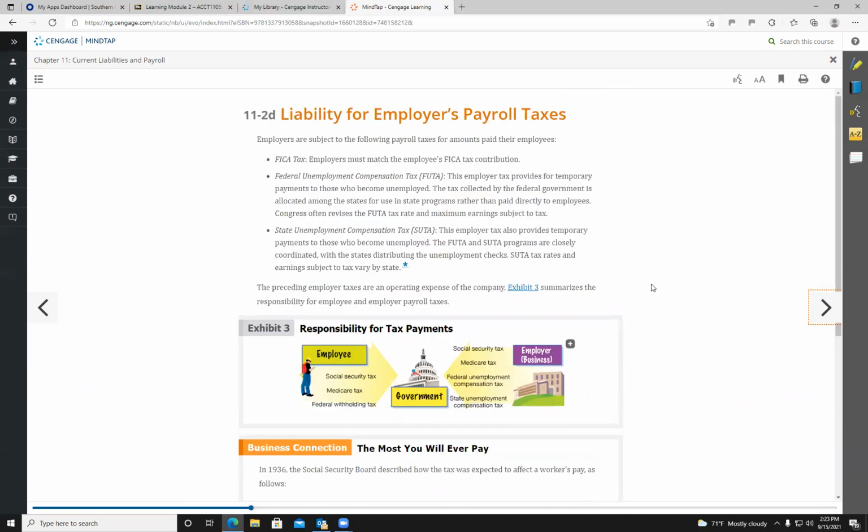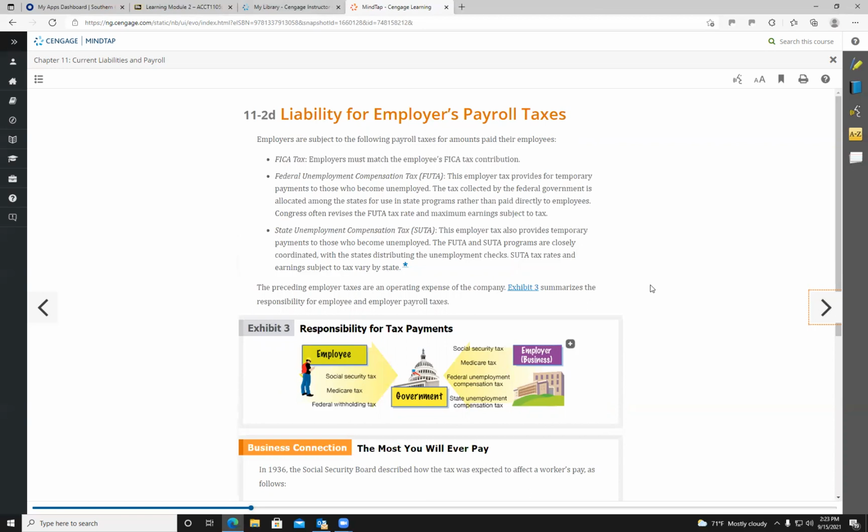Now, we talked about the liability for employee payroll taxes. Now let's talk about the liability for an employer's payroll taxes. Employers are also subject to the following payroll taxes for amounts paid their employees. So employers must match the employee's FICA tax contribution.